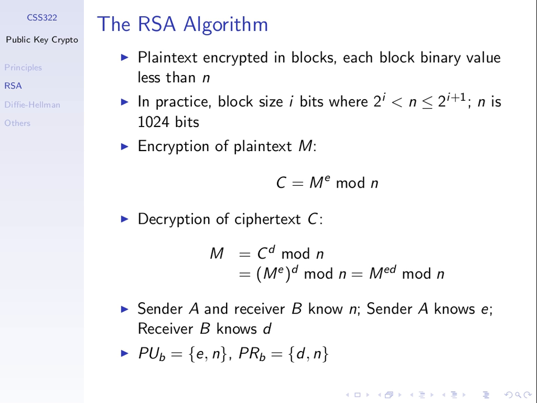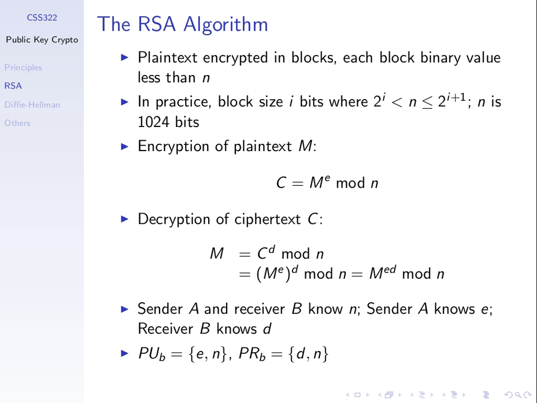Let's recall one of our equations from the number theory topic. If n equals p times q, then the totient of n equals the totient of p times q.